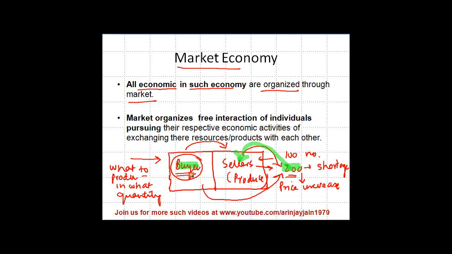The buyer has money, the seller has product. So in a market economy they freely interact with each other; one pursues his activity of buying, the other his activity of selling, and through these two, basically, they try to cover all the questions, all the problems relating to an economy.